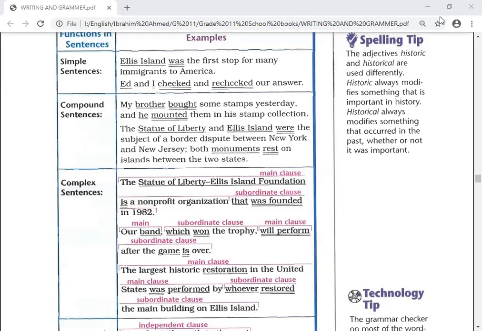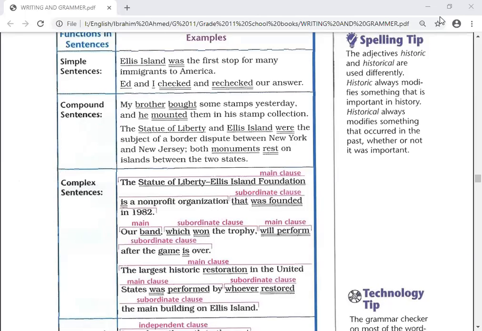Another example: the Statue of Liberty and Ellis Island were the subject of a border dispute between New York and New Jersey states. Both monuments rest on islands between the 2 states. Again, the Statue of Liberty is a subject, and Ellis Island, another subject, where this is the verb, the subject of a border dispute between New York and New Jersey.